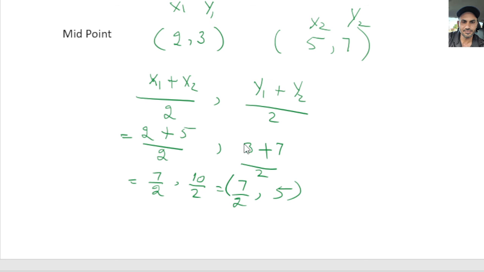That's the midpoint of these 2 points. So that's how you calculate the midpoint. You take the x values, x1 and x2, add them up and divide by 2, and for the y's you take y1 plus y2 and divide by 2, and this gives you the center of the 2 points, the midpoint of the two that we are given.